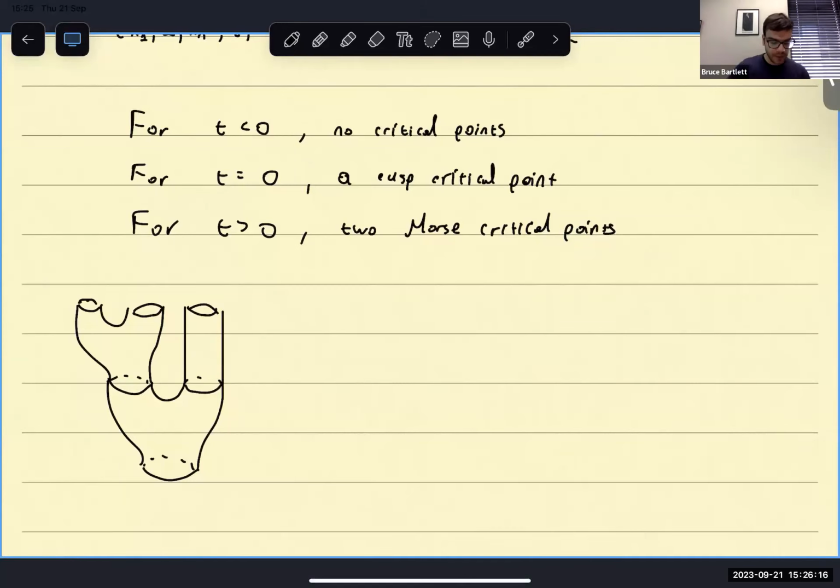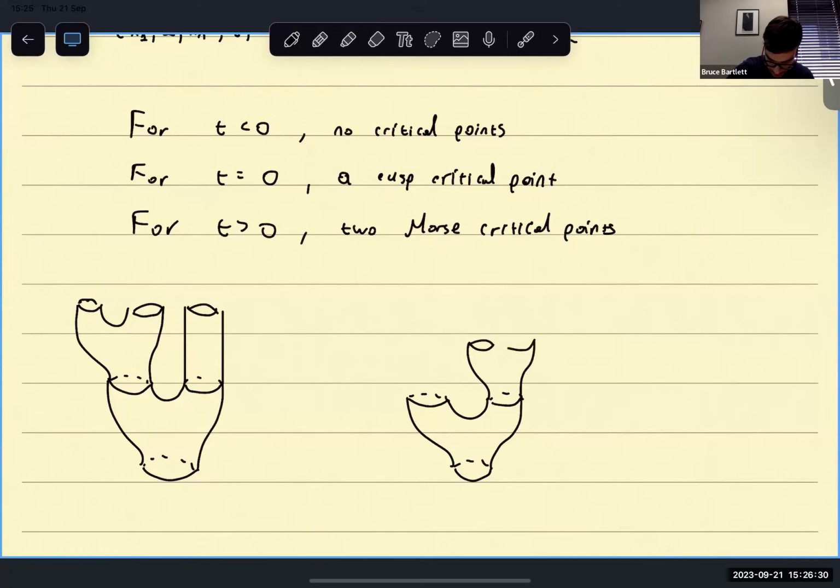Okay. So I guess that's one picture, and then the other picture will be, symmetrically, on the other side. Apologies for my drawings.